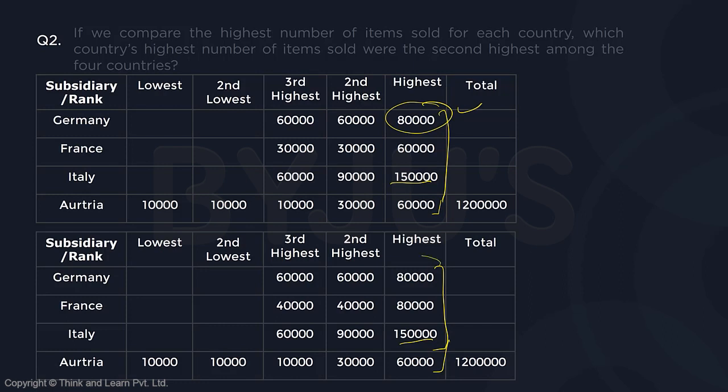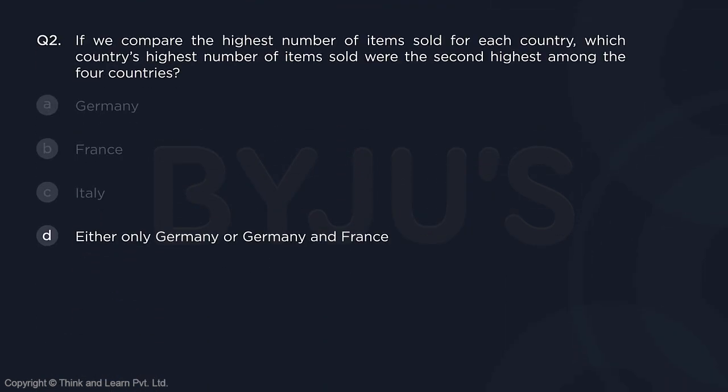Here it is, sorry, 80,000. And here also it is 80,000. In case 1, it could be Germany. In case 2, it would be Germany or France. So the answer will be either only Germany or Germany and France both, in the two cases. Clear with this? Two questions done. Any doubt left? Moving on to the third.